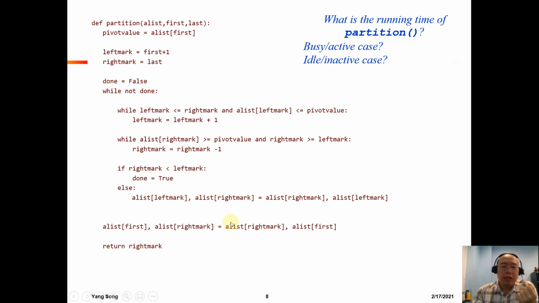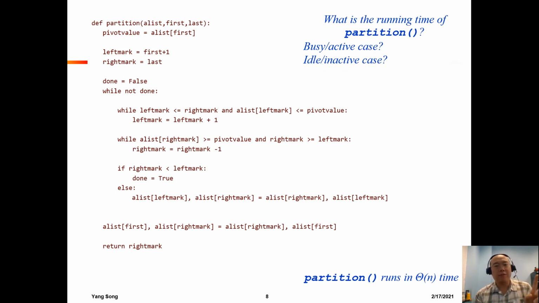Or if for most or all of the values they are on the right side, then before those two cursors meet there is nothing to be swapped, and that will be an idle or inactive case. But my argument is, it doesn't matter. For the partition algorithm, it is a big Theta of n time algorithm anyhow.